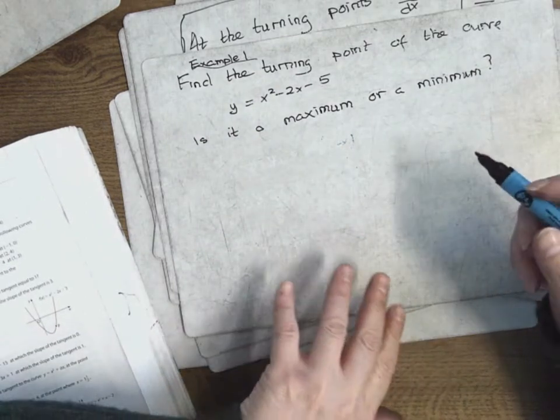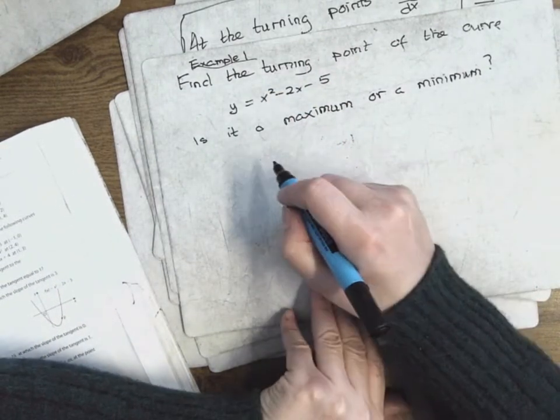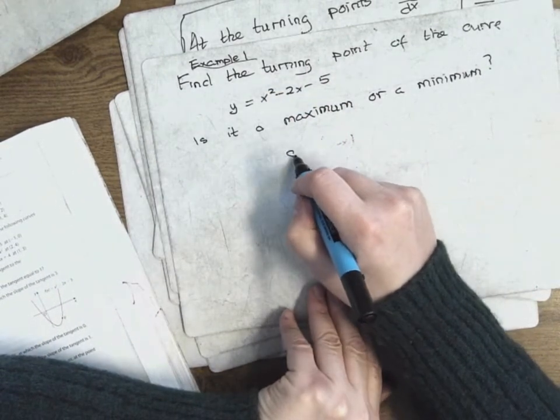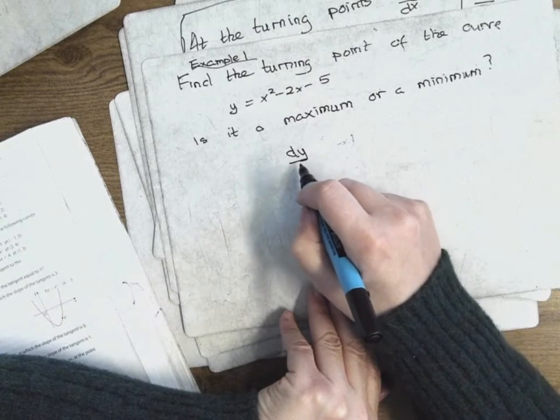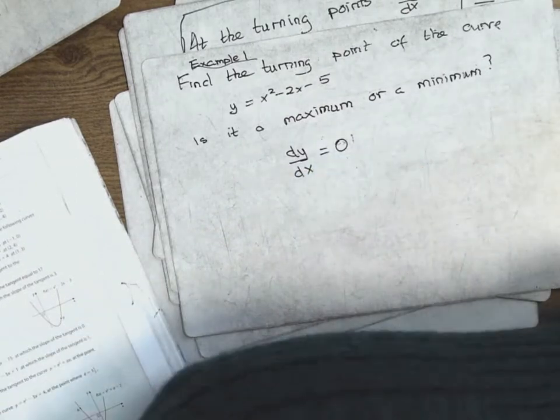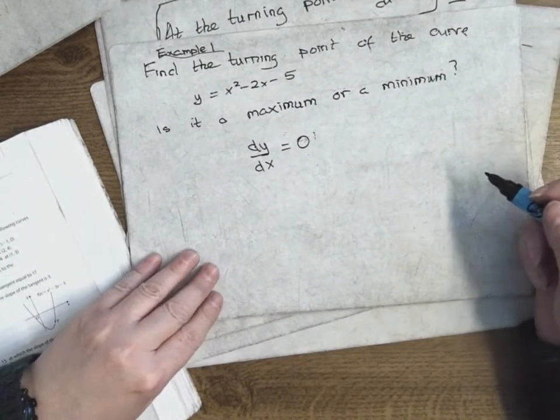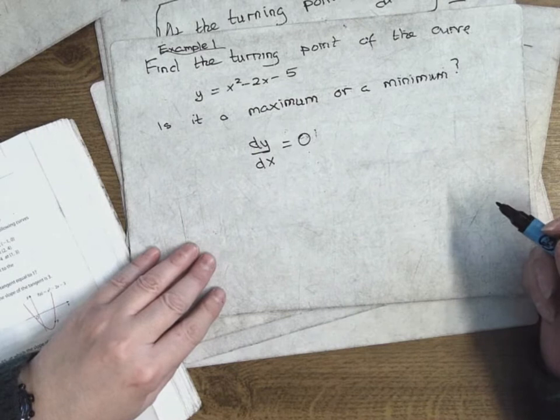So you see the words turning point and you say, I know the rule. The rule is that dy/dx equals 0. As I say, that's not going to jump into your head. You need to put it there, so you need to learn it. So dy/dx equals 0.